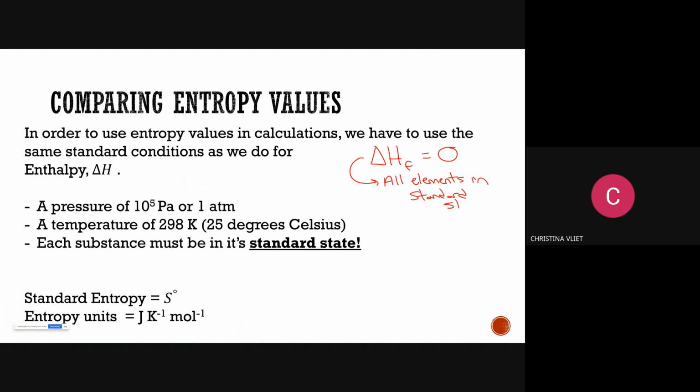Well, it turns out that for entropy values, nothing is 0. In standard entropy values for any substance that exists, there is nothing that has an entropy of 0 at room temperature. Why?